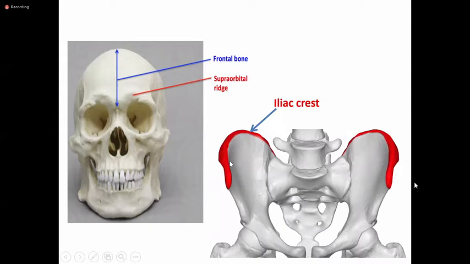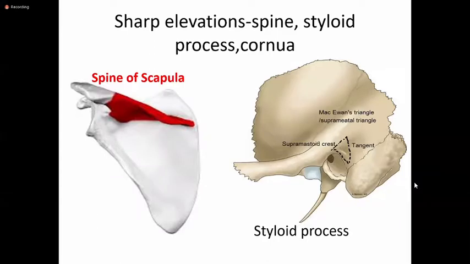Then if it is a sharp elevation, where the bony part protrudes out from the surface, such as this spine of the scapula, and this needle or hook-like process coming out from the temporal bone near the mastoid process.